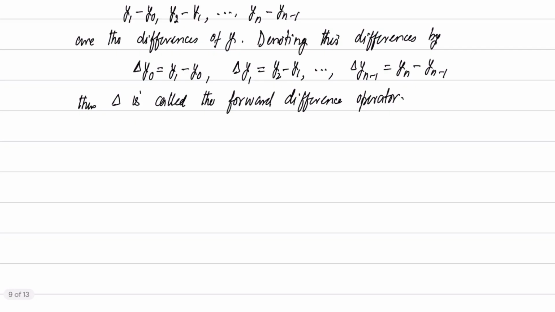Now we can also define the differences of these forward differences. We now have a new list of numbers: first delta y0, then delta y1, and so on, delta yn minus 1. These will also be real numbers. If we define the differences of these differences, they are called the second forward differences.